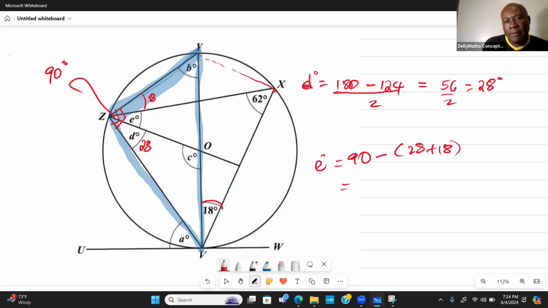So it's going to be 90 minus 46, and that's going to give us 44. So right here is 44 degrees. There it is, putting all the theorems together and simply working our way through. So we're done.